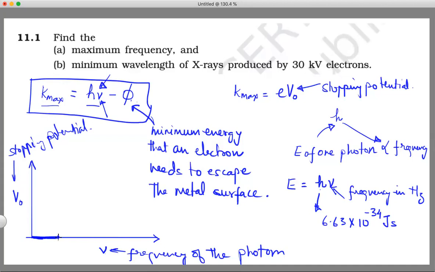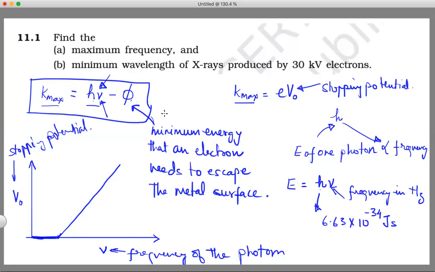But once the frequency is above that, the graph is a linear graph like this, which is evident from this equation also. Why? Because what is K max? It is same as e V naught.